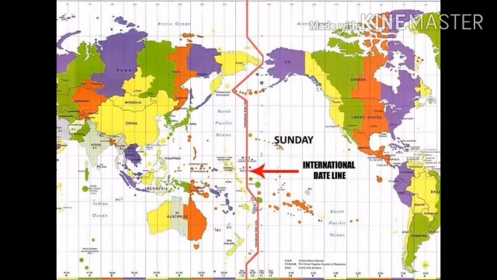It is very important for the international dateline not to cross any country's landmass, because the dateline's work is to change the date. It is just a reference point with the help of which we change the date and the day, like Thursday becoming Friday, Friday becoming Saturday.